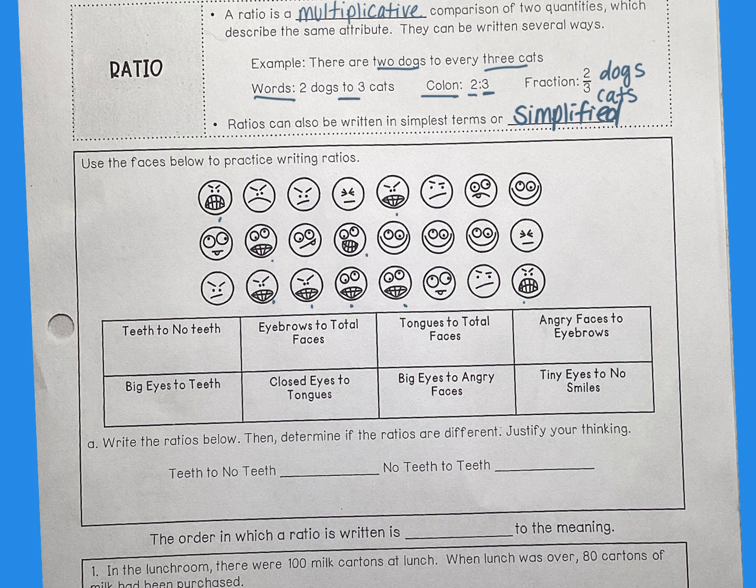So 9 is going to be my first number. 9 to, I'm going to go ahead and use words, 9 to the number of people with no teeth. So there's 1, 2, 3, 4, 5, 6, 7, 8, 9, 10, 11, 12, 13, 14, 15 people with no teeth. So this is 9 to 15.